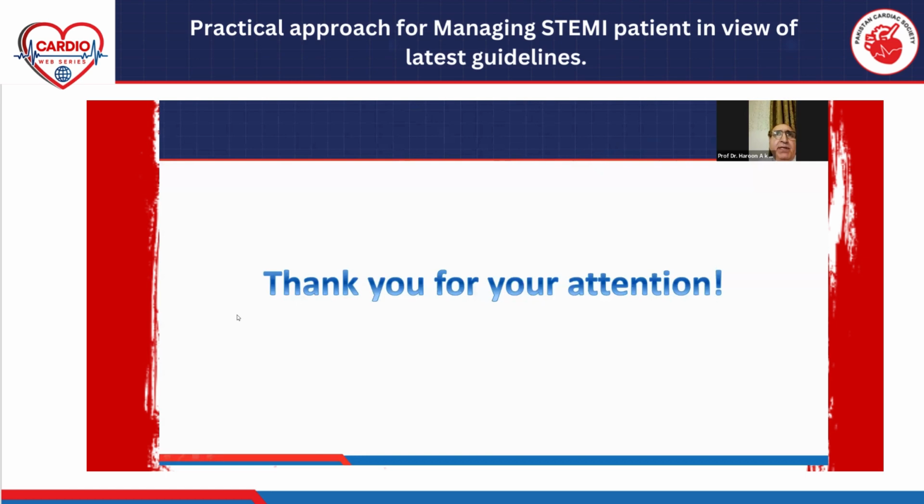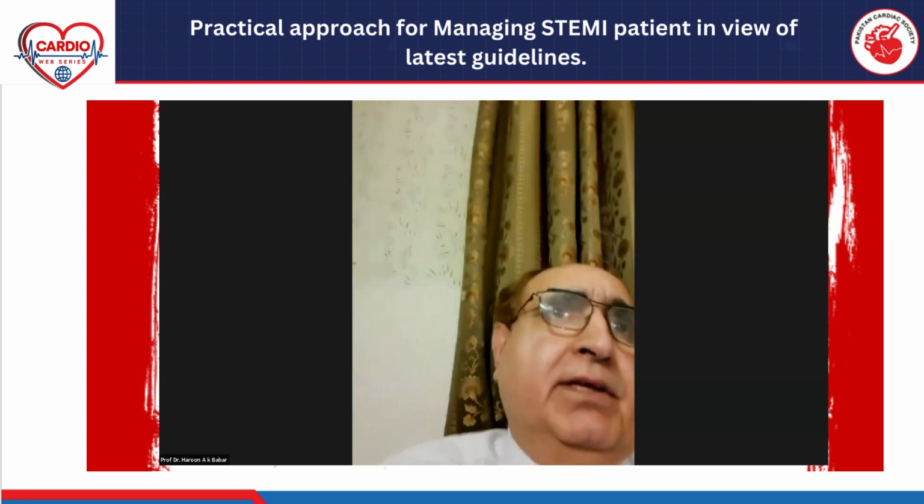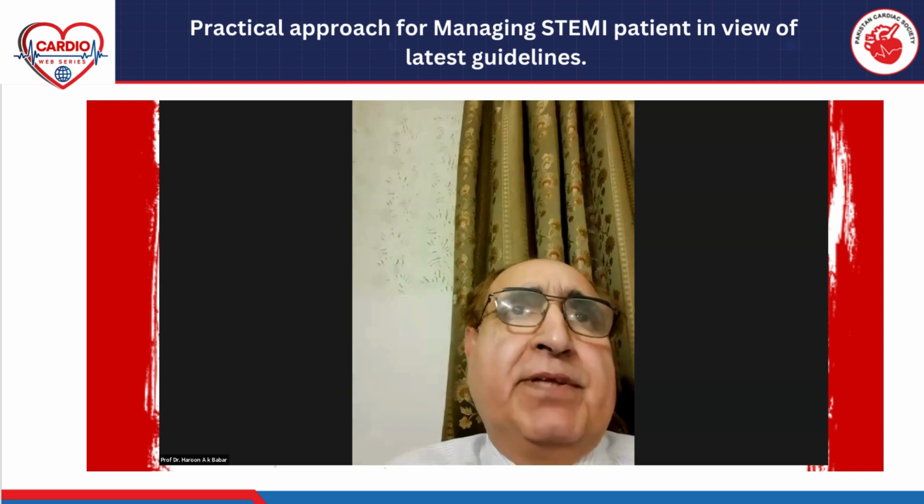For patients at high bleeding risk with a planned, elective angioplasty or stenting, what is recommended is that you can stop dual antiplatelet therapy in 3 to 6 months' time.